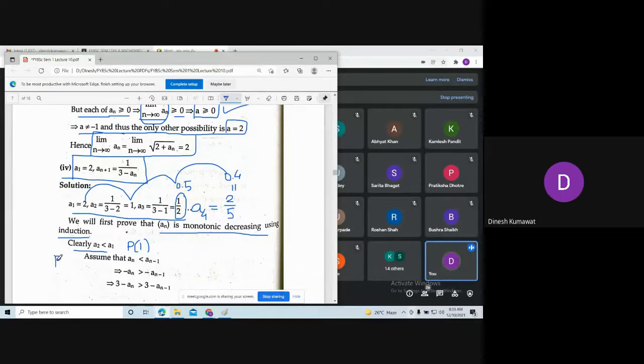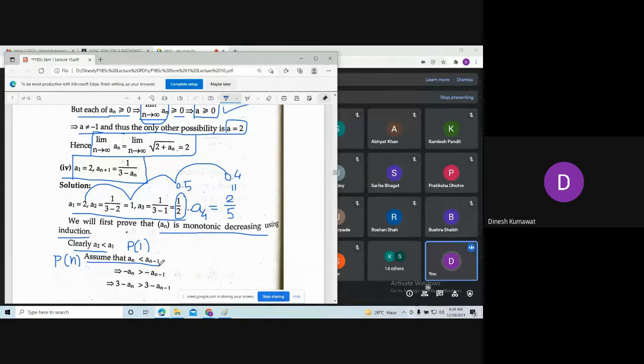Now you assume p of n is true. So this is our assumption. See, in your algebra you have this kind of statement: you need to prove p of 1 is true, assume p of n is true. Instead of n you might take k, it doesn't matter, this is just the symbol.